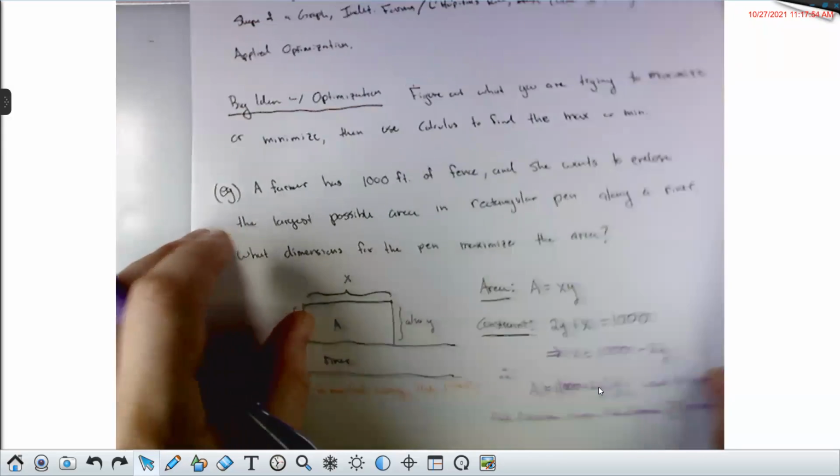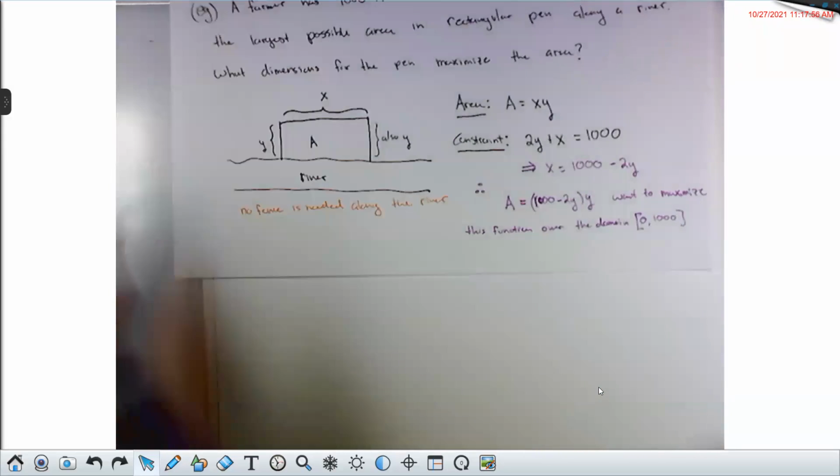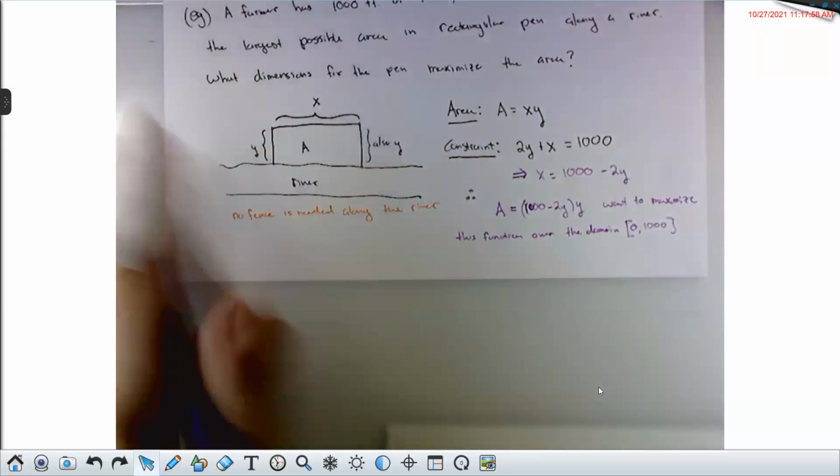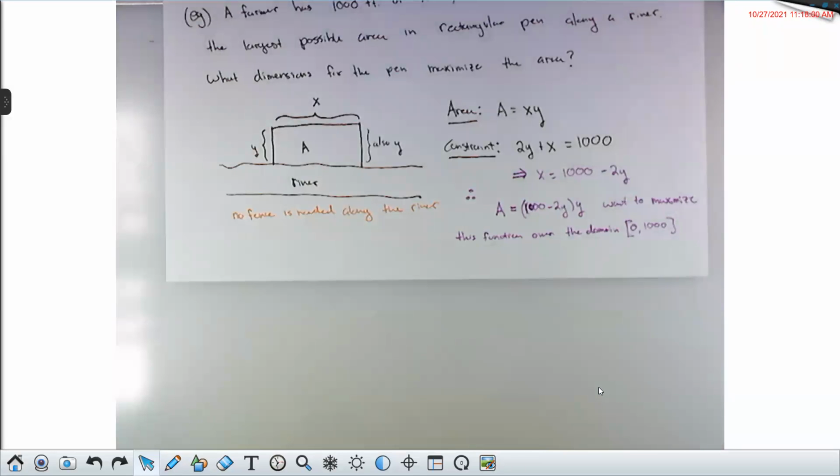So from here, we just need to try to find that max and that min. Really just find the max. I'm not interested in the min. The minimum area here is, of course, 0, right? If I build the pen to be totally narrow or totally short, then there's no area there. That's silly.